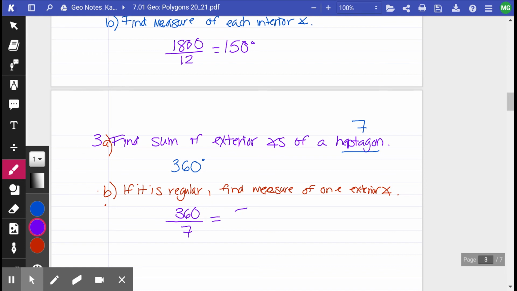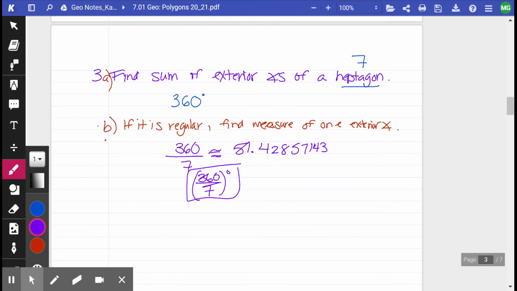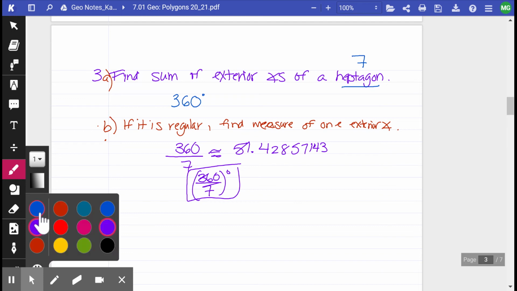Now, this does not give us a nice answer, so we'll just write out our decimal. Or you can just leave it as 360 divided by 7 degrees, which would be as reduced as you could go. So that would be your exact value. And then this would be your decimal version, which is rounded.